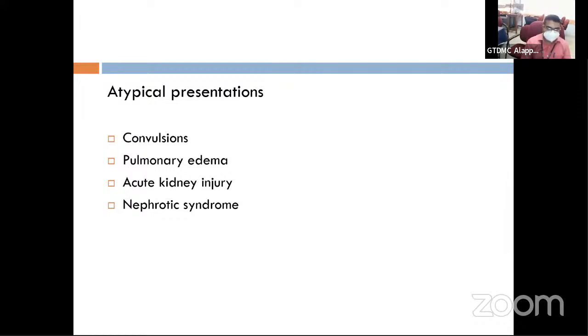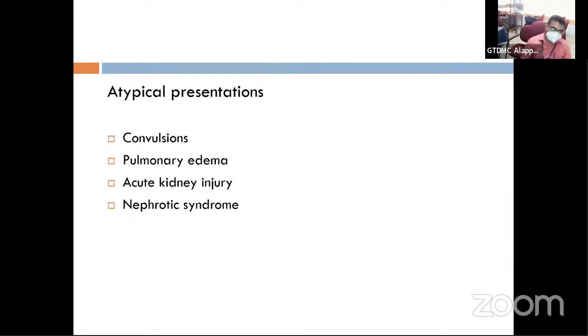Another presentation is AKI, acute kidney injury. In all cases of acute kidney injury in a child between 5 and 12 years of age, you have to think of post-streptococcal glomerulonephritis. Some children may present with nephrotic syndrome also: hematuria with nephrotic range proteinuria, called nephritic onset of nephrotic syndrome. So in the case of nephrotic syndrome, if hematuria is also there, think of nephritis.